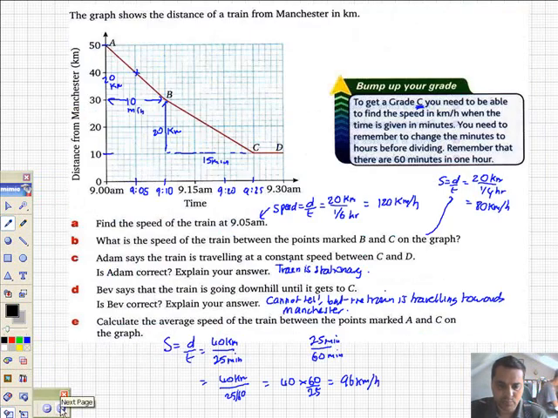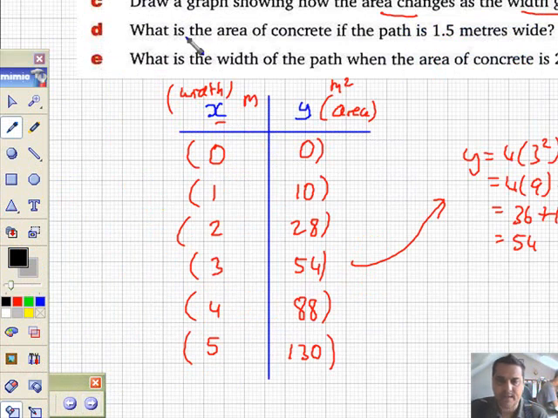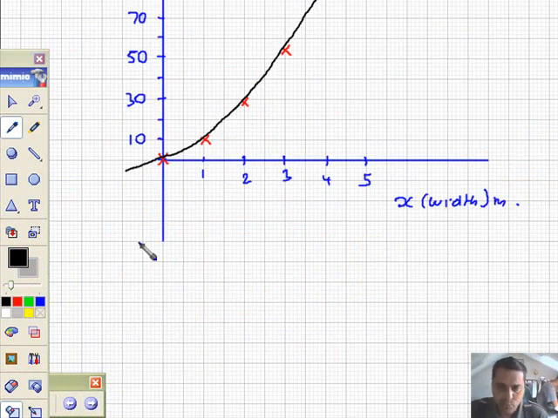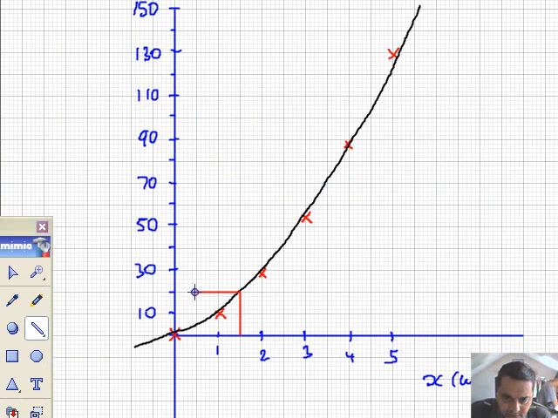It says, what is the area, in other words the Y, if the path is 1.5 meters wide? So going over to 1.5, using this facility here. So 1.5 is there, and then just turn left. Well, from my graph I make that exactly 20.